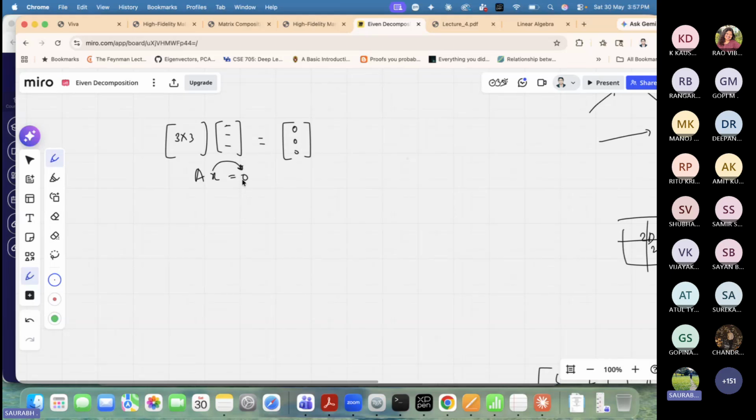So if you have certain cases where that vector is getting to 0, the entire space is getting collapsed. If you think of it, the entire two-dimensional space that you have is getting collapsed to 0, right?